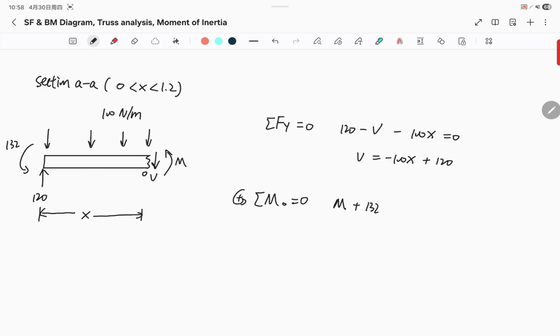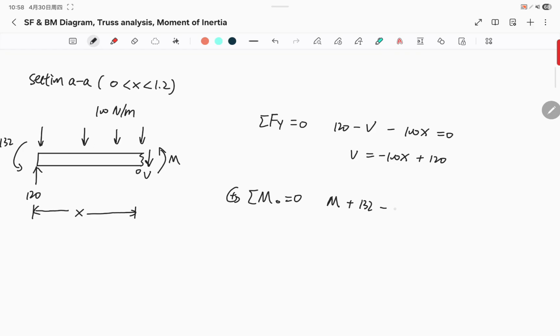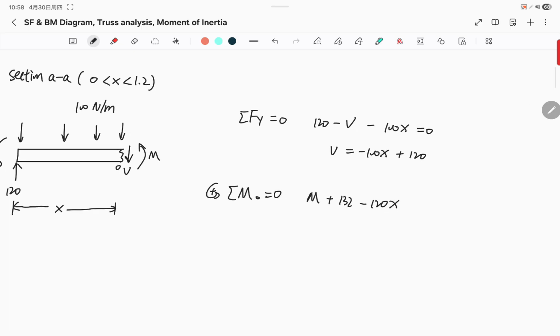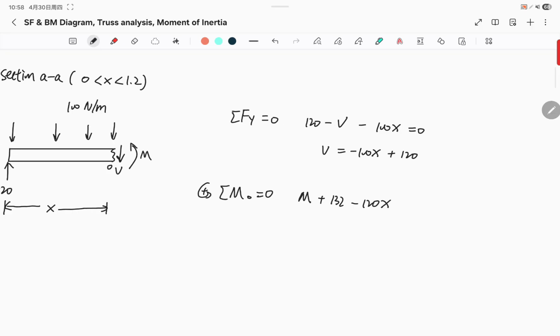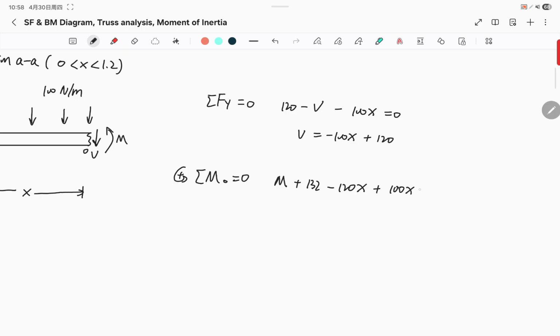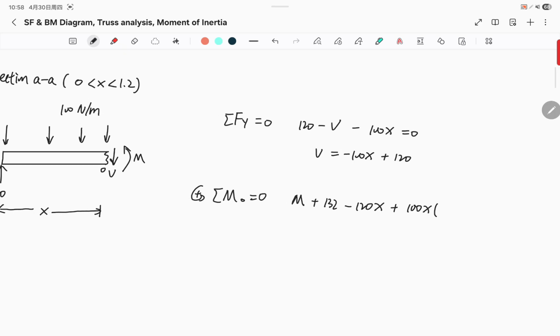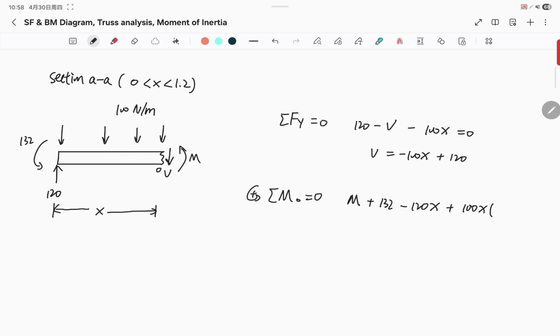And then we have a negative moment created by the support force at A. And then we have this positive moment created by the distributed load. 100 times x, this is the load, and then we're going to multiply by its distance, which is somewhere here, and this distance is x divided by 2.